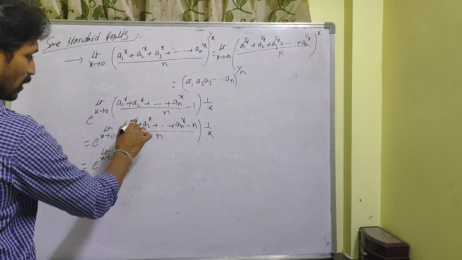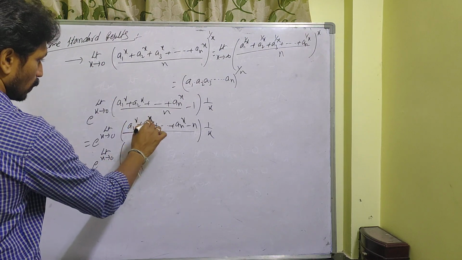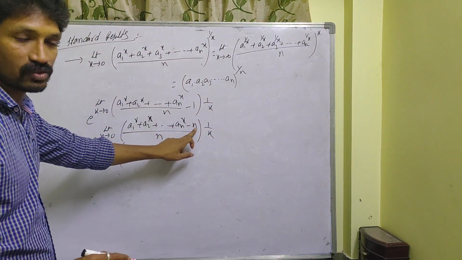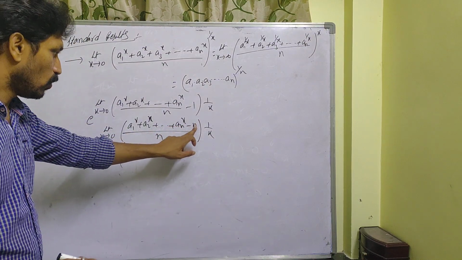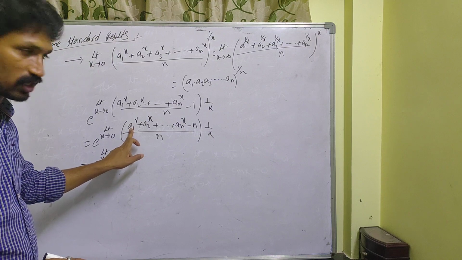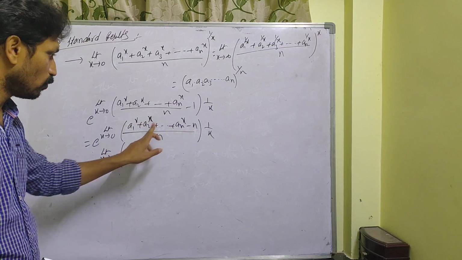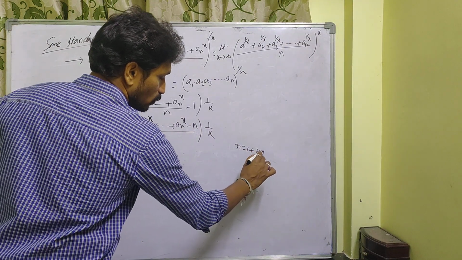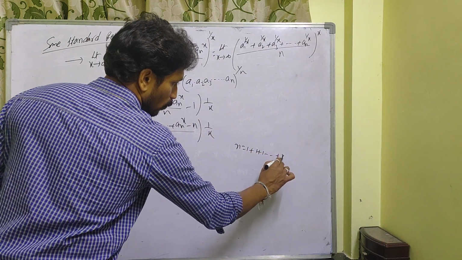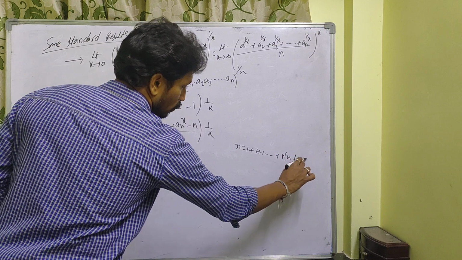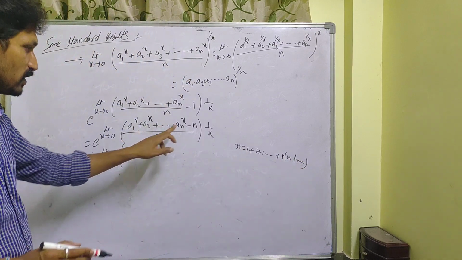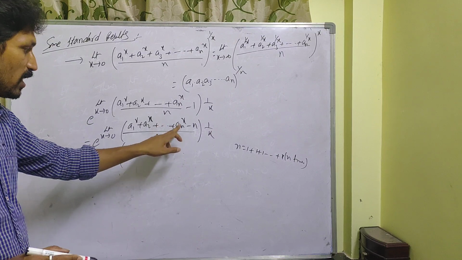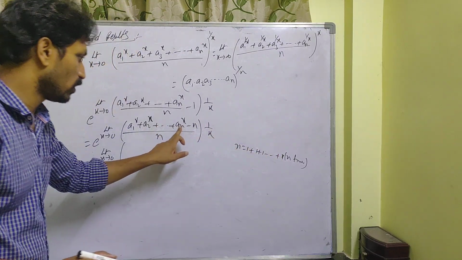What can I write here? a1 power x, here n means 1 plus 1 plus 1 up to n you can write. 1 you use for this one and one more 1 you use for this one, because this n you can write as 1 plus 1 plus 1 plus up to 1, n times. First one use for this one, second one use for this one, third one you use for the third term, and the last one for the last term.